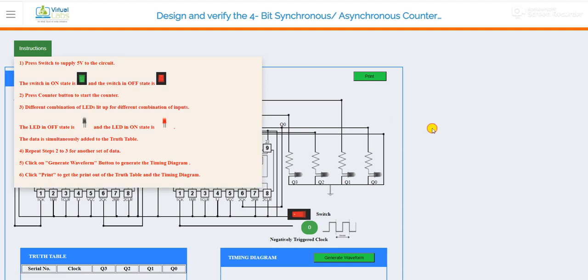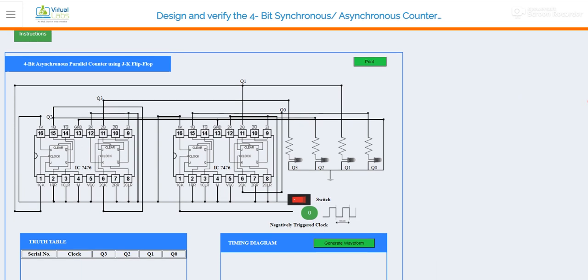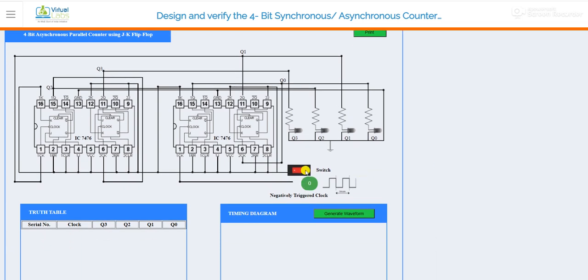Okay, so let's start. First of all, just click on the power supply. Now click on this negative triggered clock. So this is the first clock we have applied, the first clock is connected to the circuit of the 4-bit counter, and we will get the particular output at Q3, Q2, Q1 and Q0.